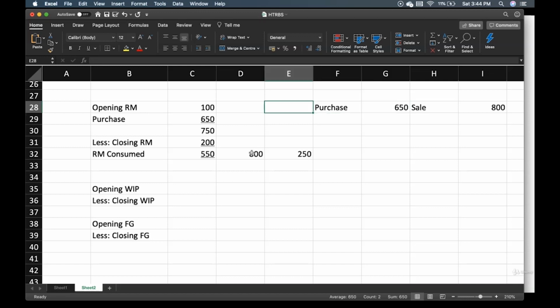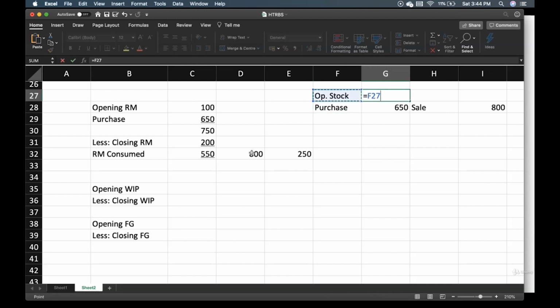have purchased for 650, but in the beginning of the year you also had some items with you. In the beginning of the year you also had some items worth 100 rupees. So you had 750. Is it 750 worth of items sold for 800? Does that mean your profit is 800 minus 750?